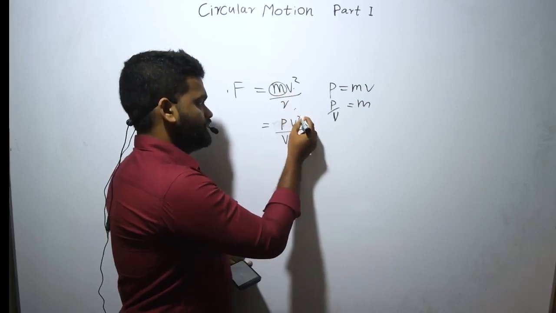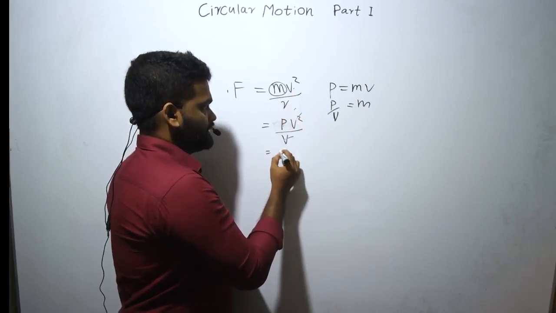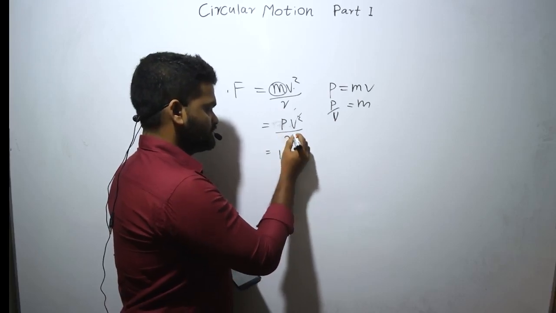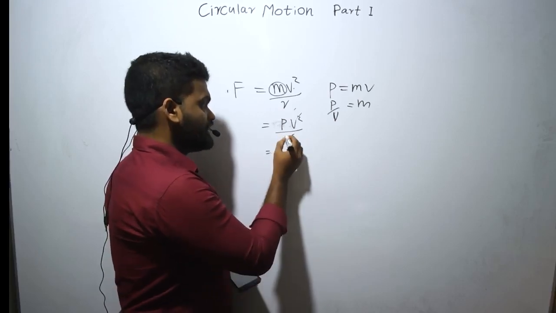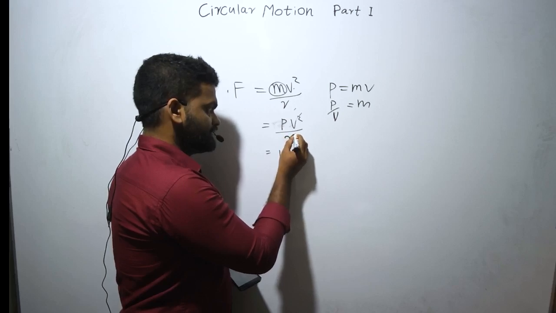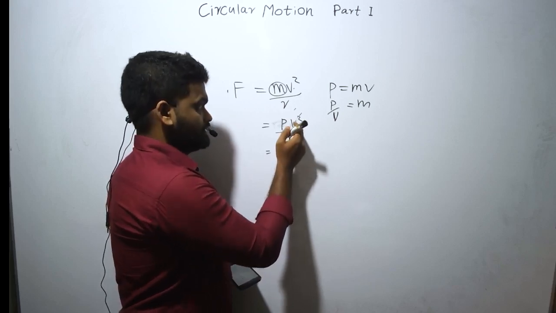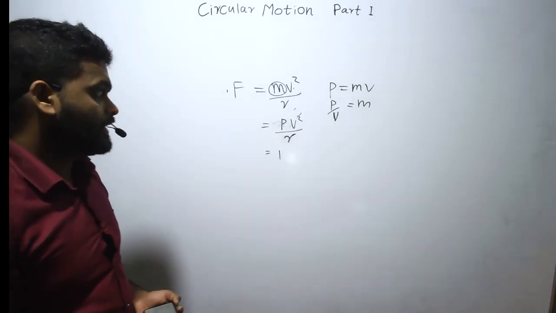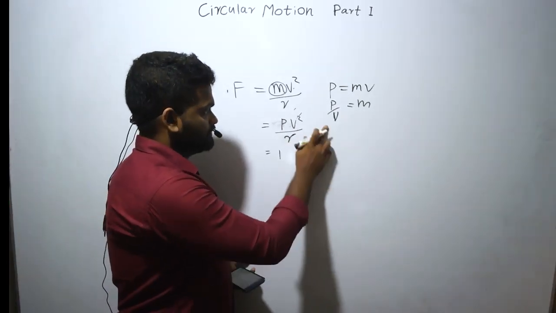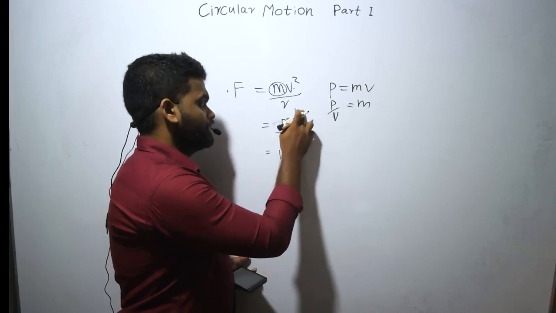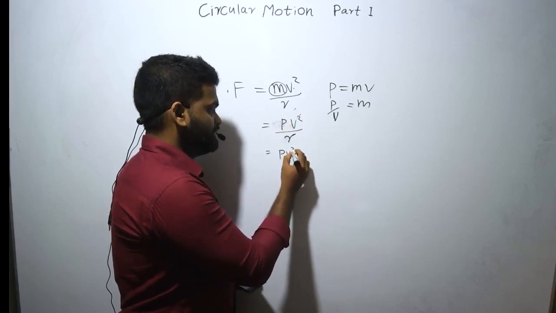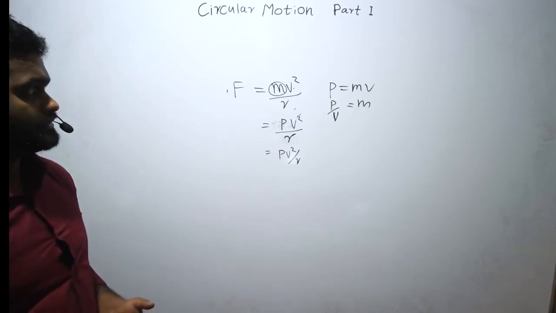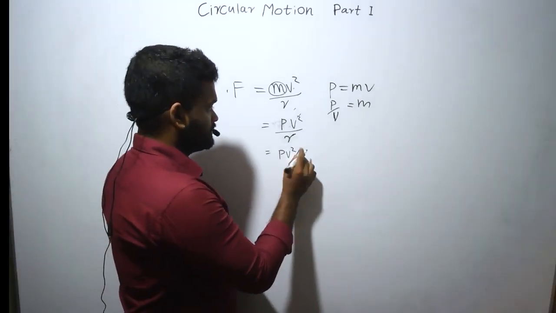Then there's v squared. This v cancels off. Then you get, sorry, this is not v, this is r. So that's why you need to clearly write these terms, otherwise when you are doing it, you might accidentally do a wrong calculation. So the answer is p v divided by r, p v squared divided by r.